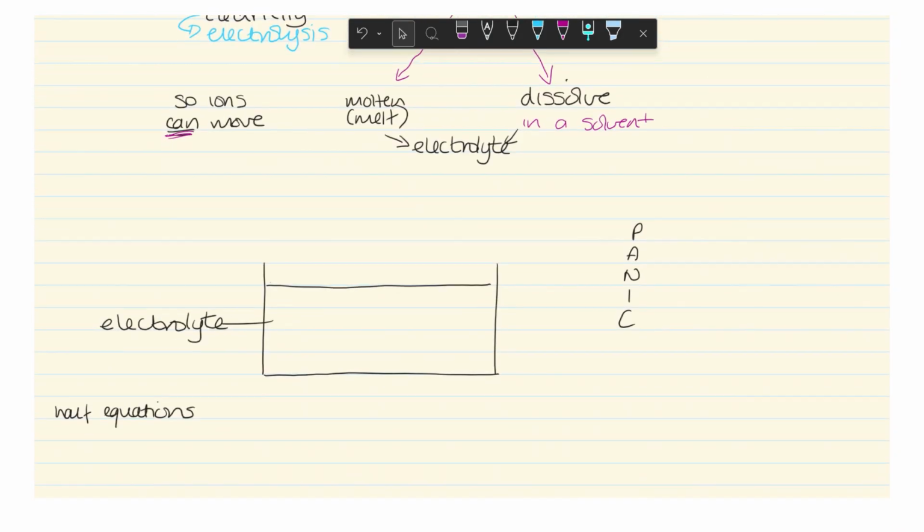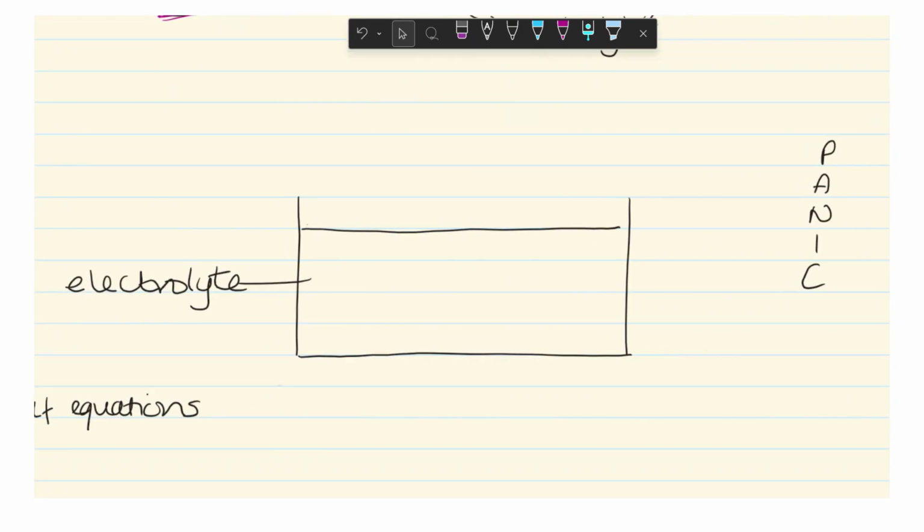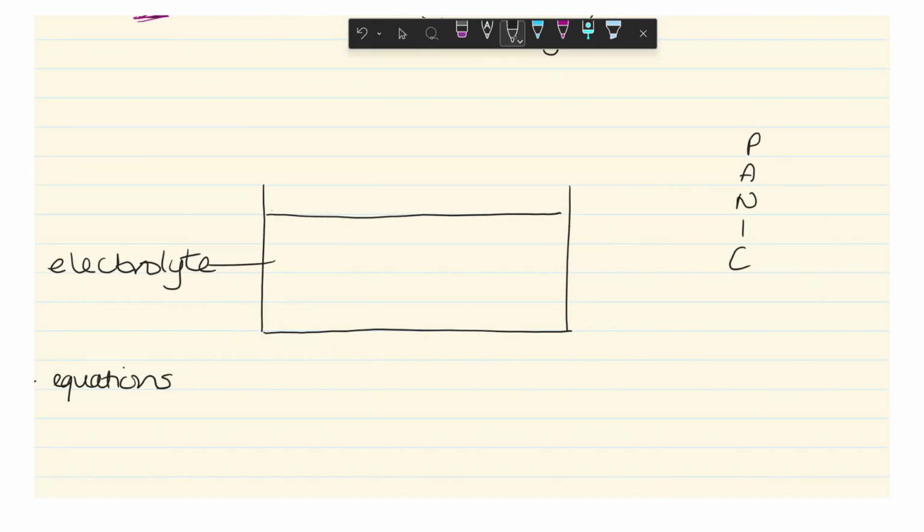So when we look at this electrolyte now, what we've got in it are Na plus ions and Cl minus ions, free to move now, because we either made it molten or dissolved it. So in our electrolyte, ions are now free to move, and that's absolutely brilliant, because now I just need to get all my pluses on one side and all my negatives on the other.